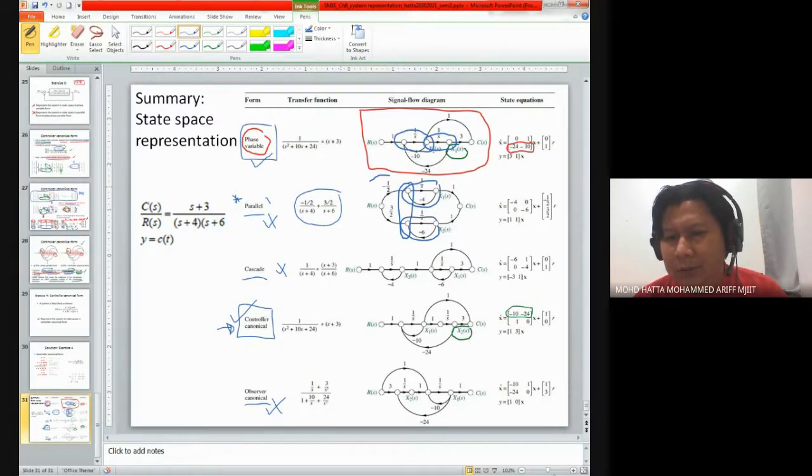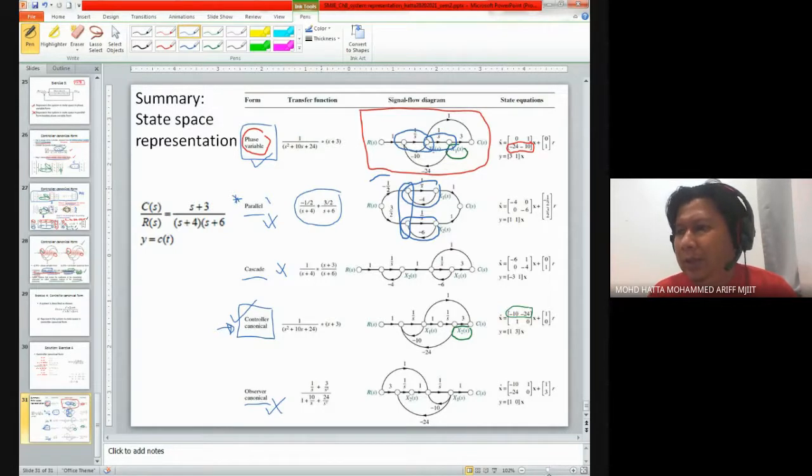But it's not as convenient as we think, because sometimes the value here could be, as I mentioned before, in the form of a complex number, and sometimes it also involves trigonometry elements, like cosine. So it's not as convenient as we think, but sometimes this parallel form is quite useful if the transfer function can be easily cascaded into a few elements.